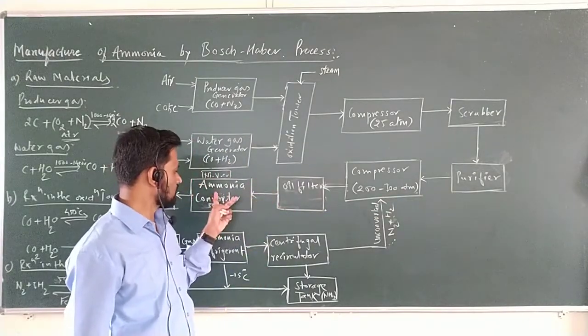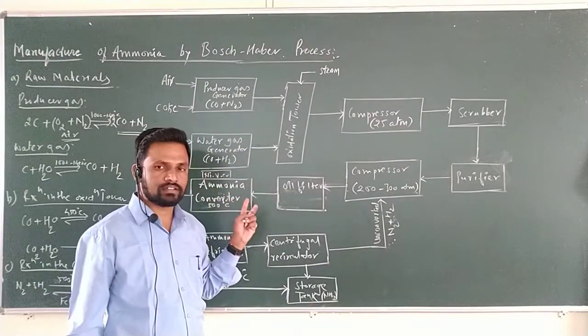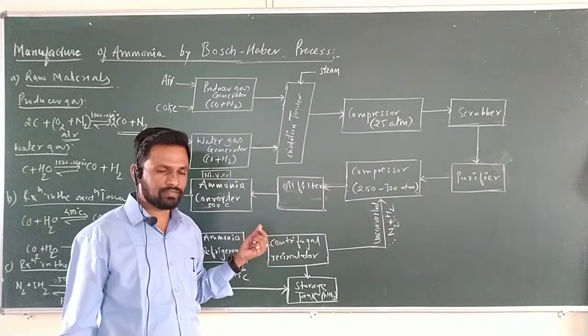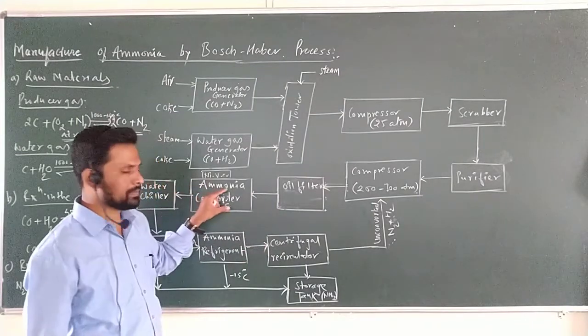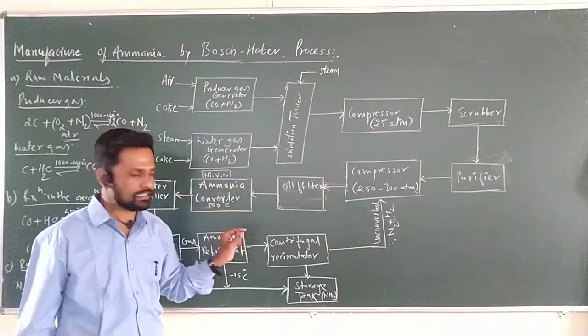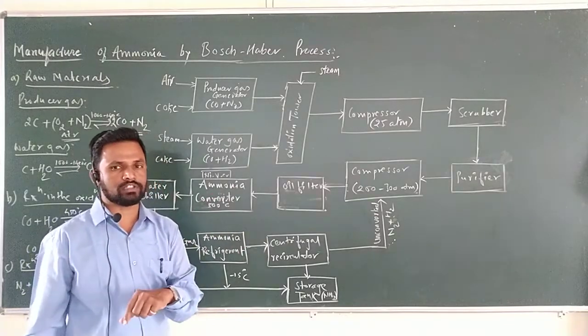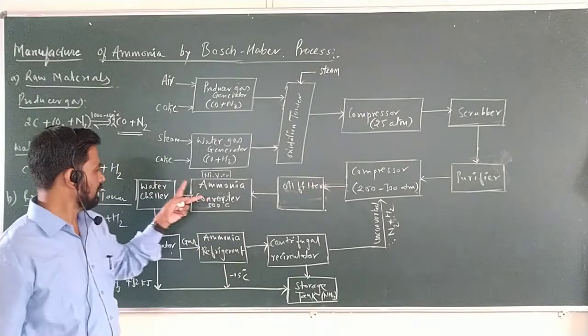They are sent to the ammonia converter, which contains finely divided iron catalyst, where the temperature is maintained at 500 degrees Celsius and the actual reaction takes place: nitrogen and hydrogen react to form ammonia.